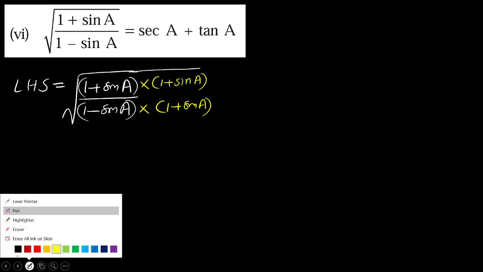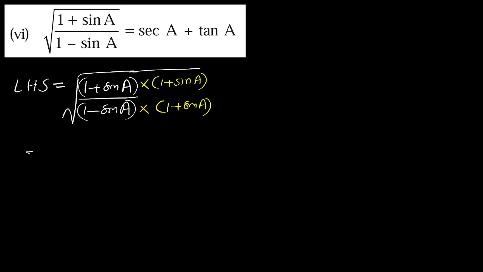You can ask me doubts, but let me complete it first. Inside the square root, I am doing this multiplication. In the numerator, 1 plus sin A into 1 plus sin A will be (1 plus sin A) whole square.